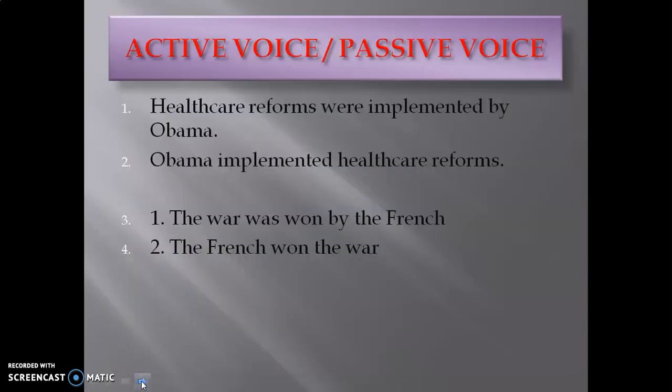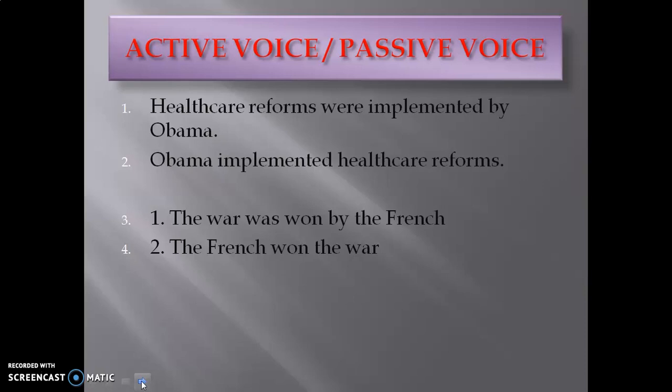Active voice or passive voice. During your writing skills, when you are writing your essay, you can use active voice, of course. Passive voice is a more simple way. For example, healthcare reforms were implemented by Obama. Instead of this version, you can use the second one: Obama implemented healthcare reforms.